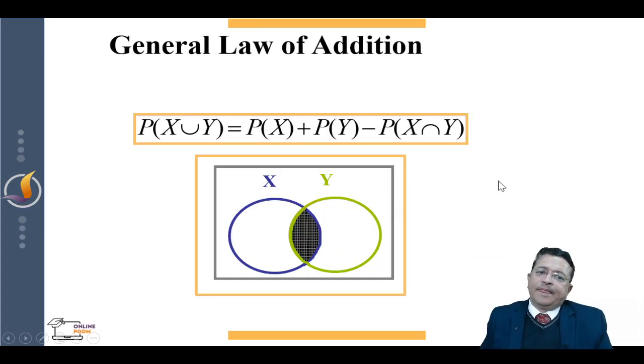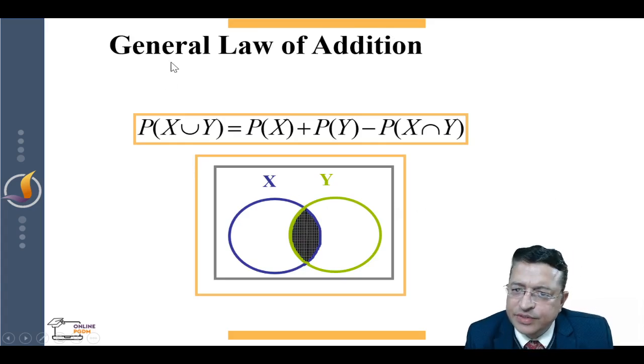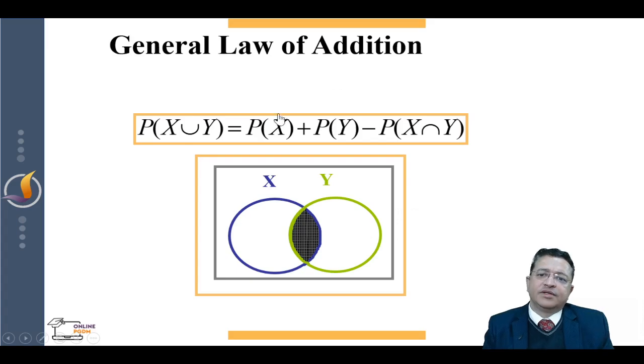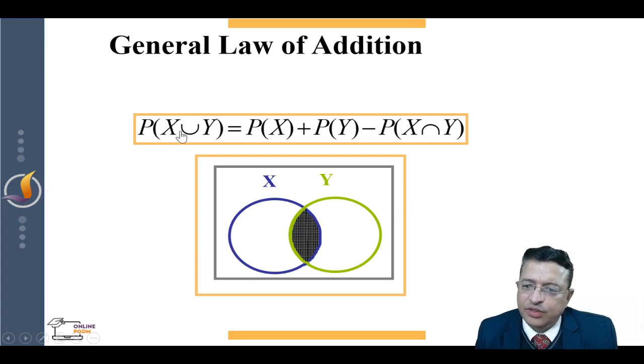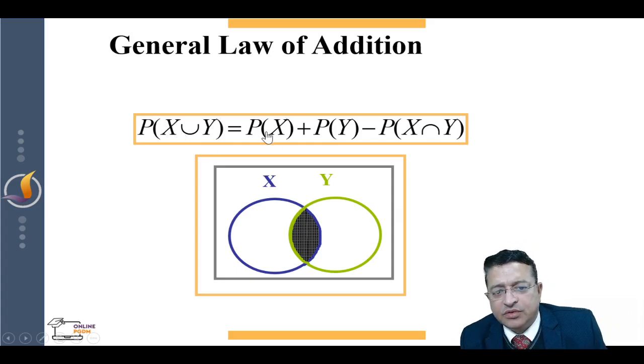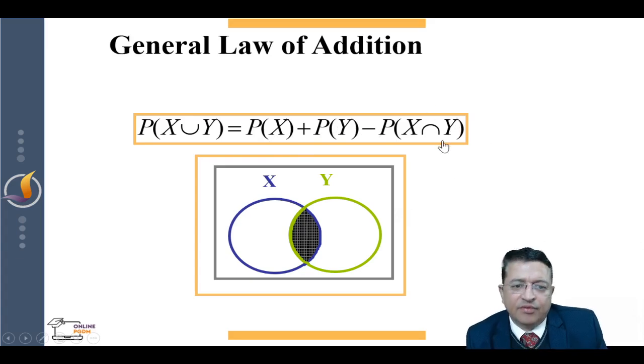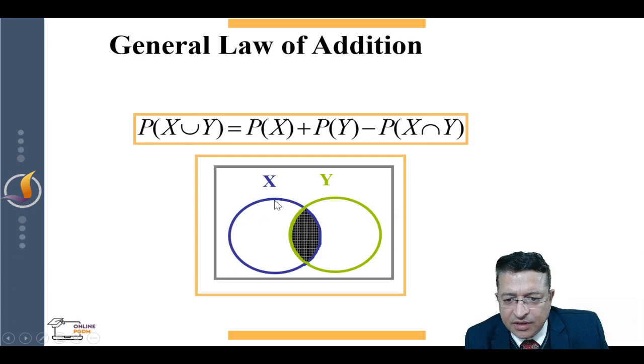Now when we use the general law of addition, for example to find the union of 2 events, we generally use this formula: probability of X plus probability of Y minus probability of X intersection Y. What is this intersection? In this diagram we have these 2 events, and you can see they are overlapping.